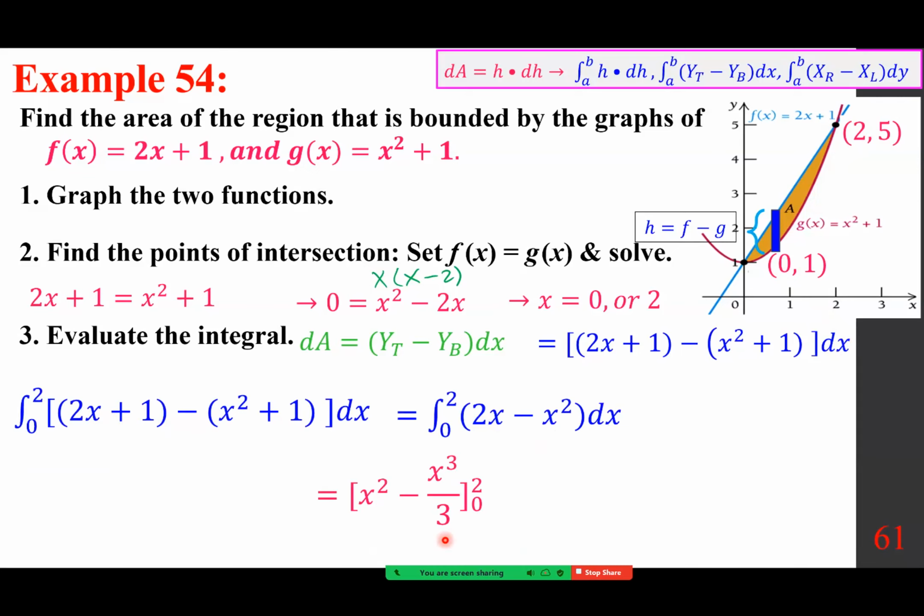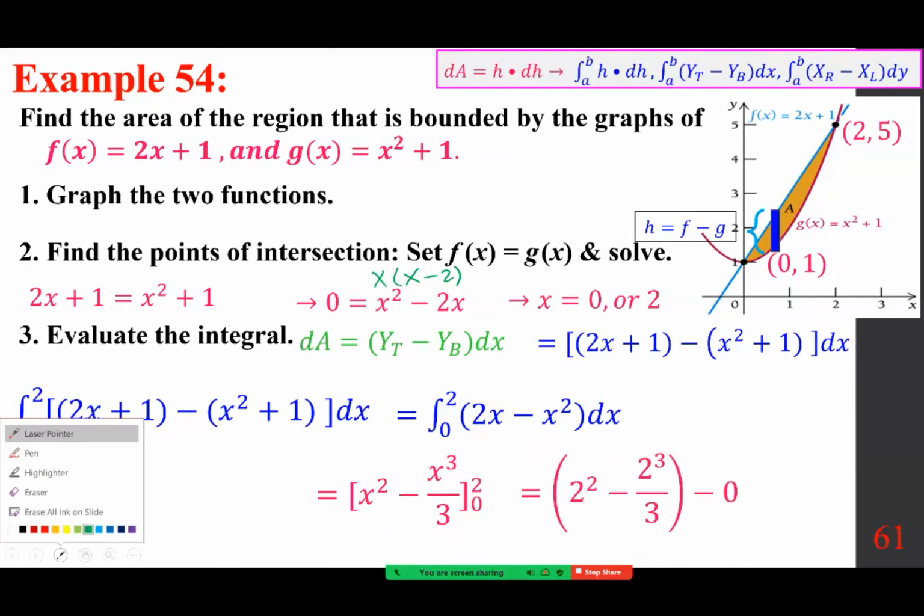Plug in 2, and plug in 0, which gives you 0. So plug in 2. This is 4, this is 8/3. So 4 minus 8/3. So 4 times 3, 12, minus 8 is 4/3. And that's the final answer, everybody.